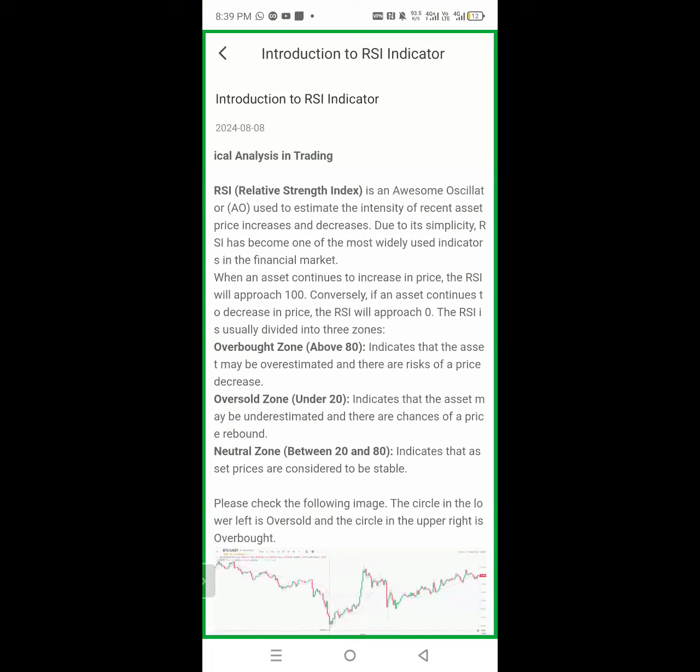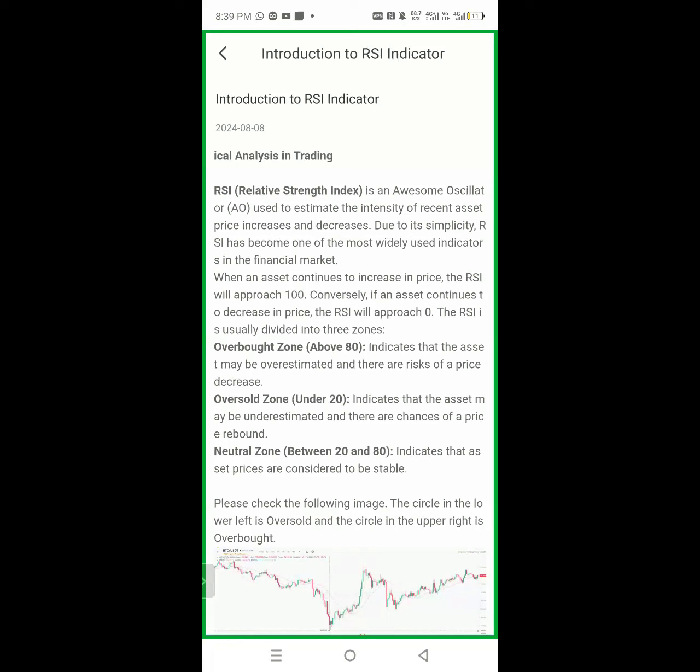That's why you must have heard people saying, this coin has been overbought, this coin has been oversold.